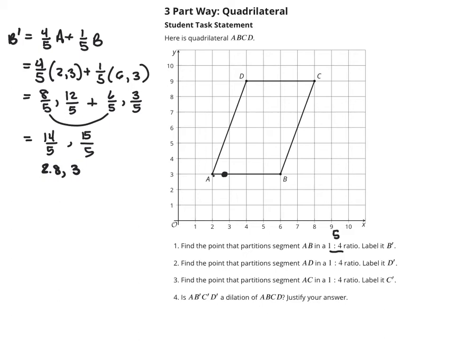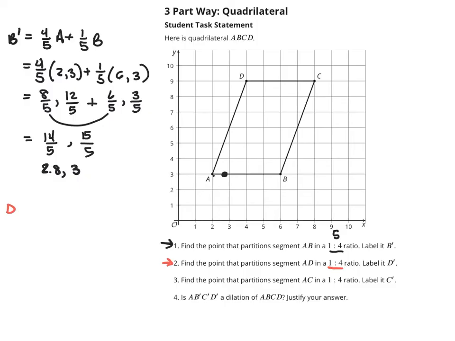All right, so let's try D prime next. So we're going to do that one in red. We did this one in black. Find the point that partitions AD in a 1 to 4 ratio. Again, 1 plus 4 is 5.